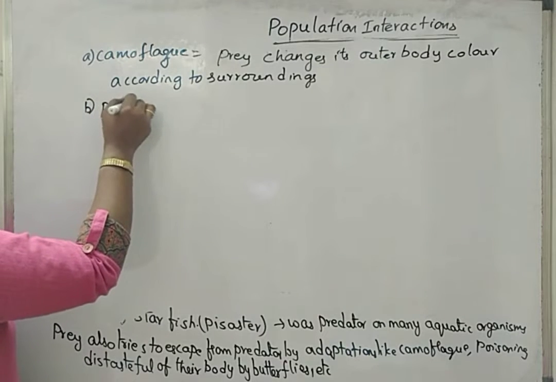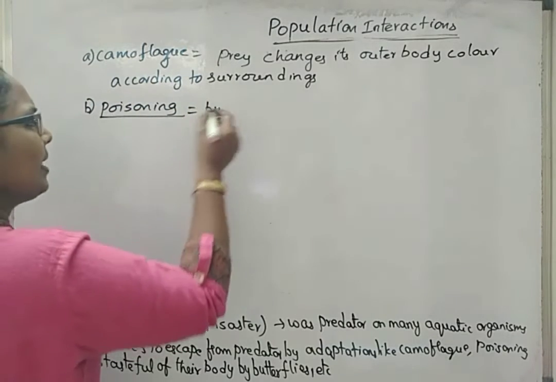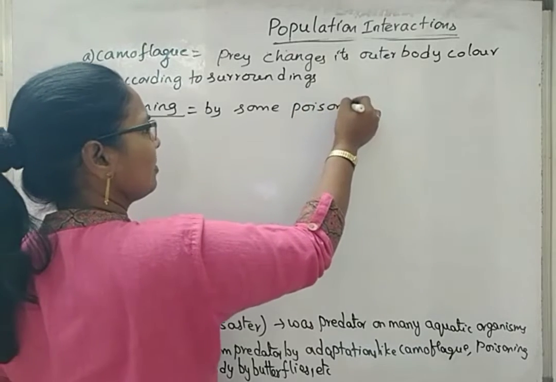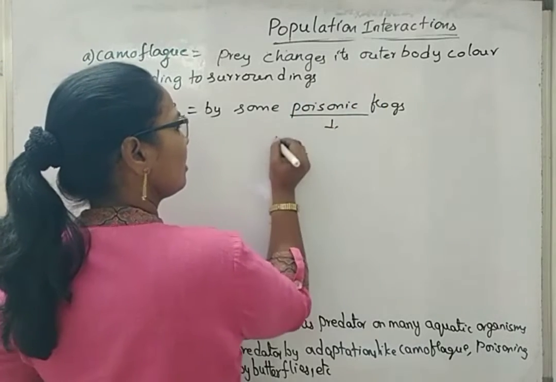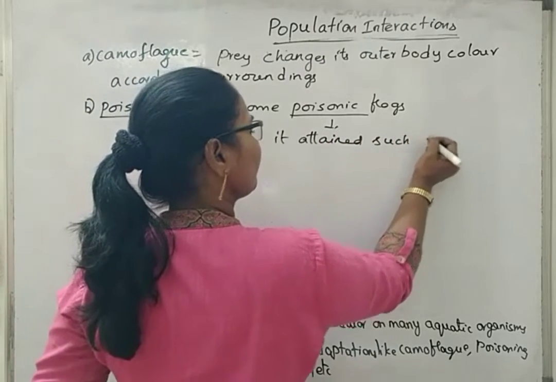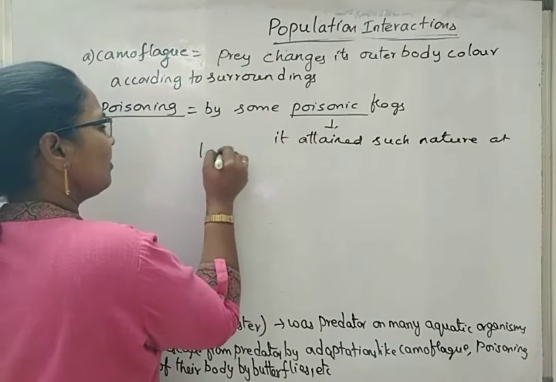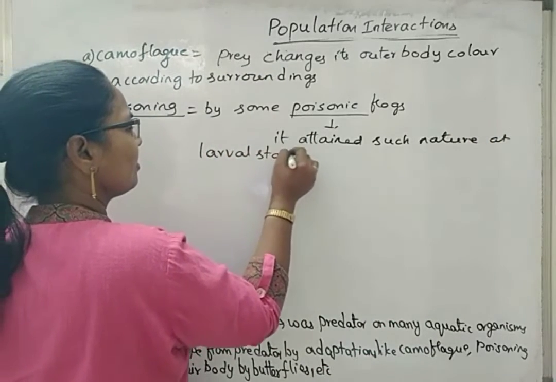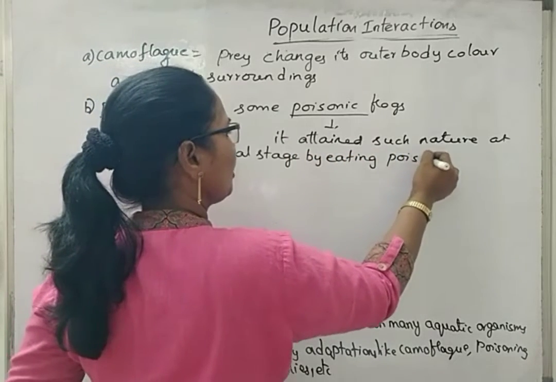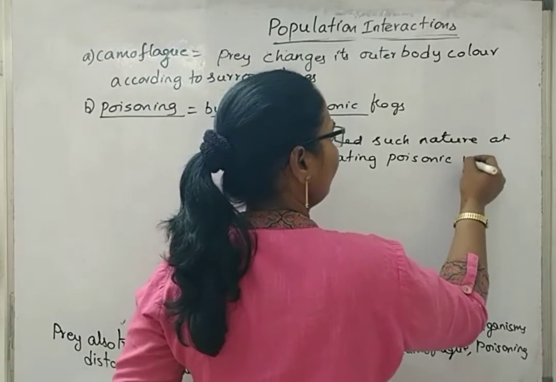Another one, poisoning of body. This is exhibited by some poisonous frogs. They attain such nature at larval stage by eating poisonous weeds.